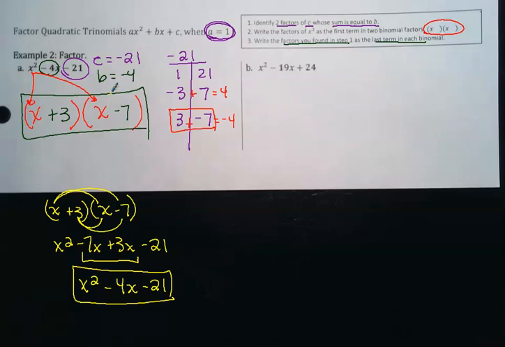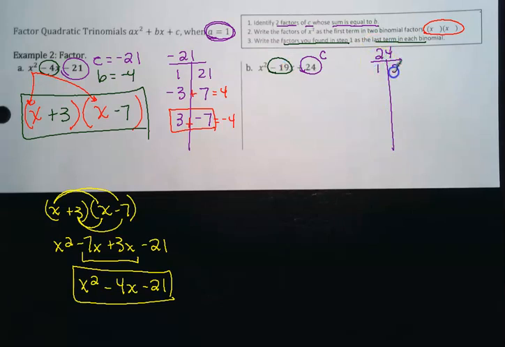Okay, let's jump into B. Here our C value is 24 and our B value is negative 19. What are the factors of 24 that are going to get me negative 19?